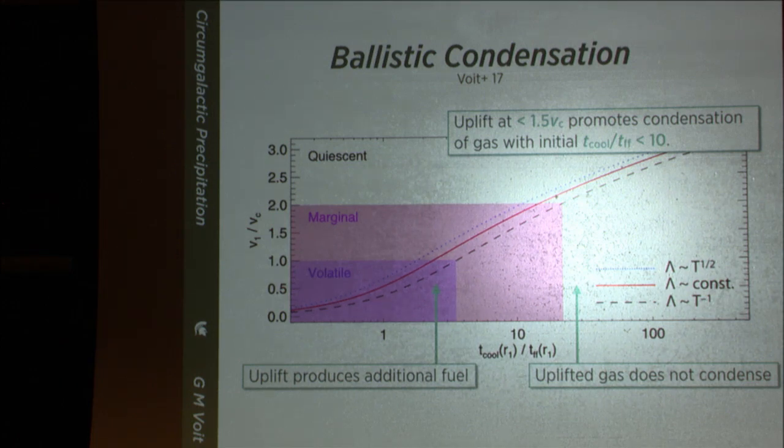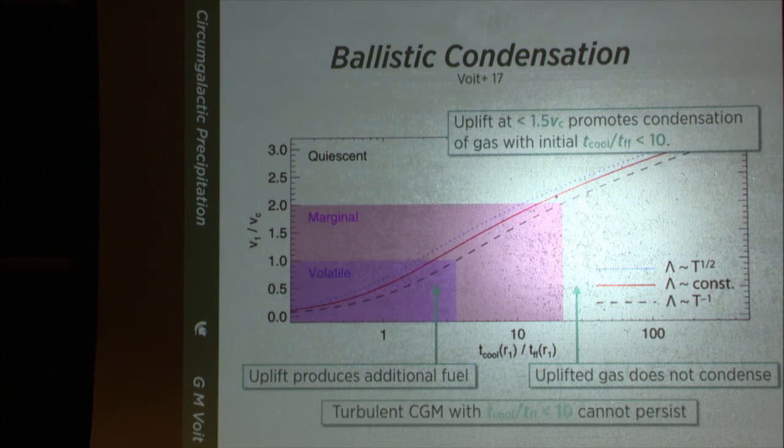It'll fall back down and come back to its region of similar entropy before it actually condenses. And so you get this general statement that at least when uplift's involved, you don't need crazy uplift velocities to get condensation even when this ratio is about 10. So I might talk about turbulence later.